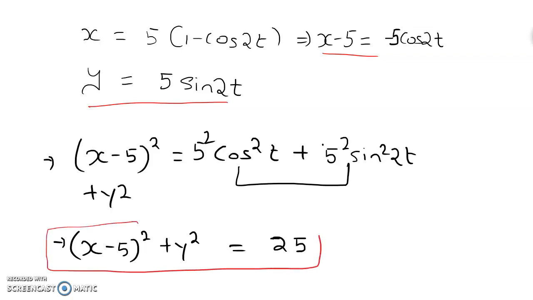That means the particle is moving in a circle with the center at (5, 0). So thereby we can also know the trajectory of the particle. I would say the particle is moving in a circle with a center of (5, 0).